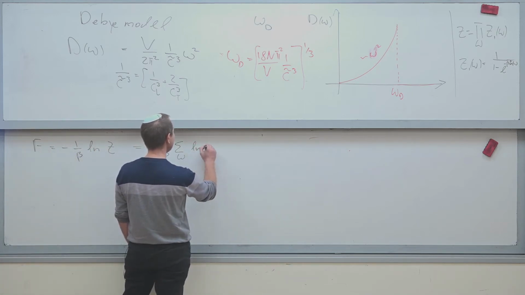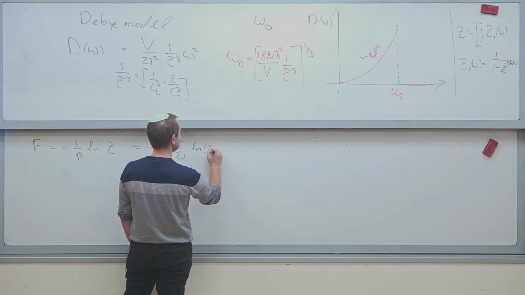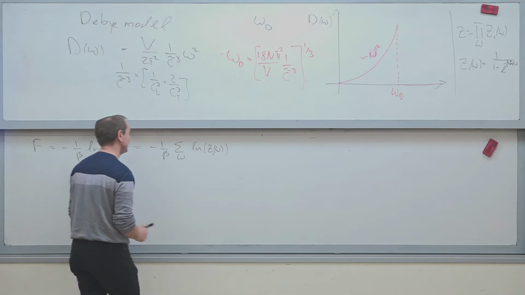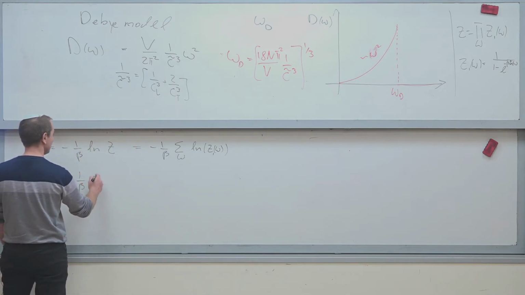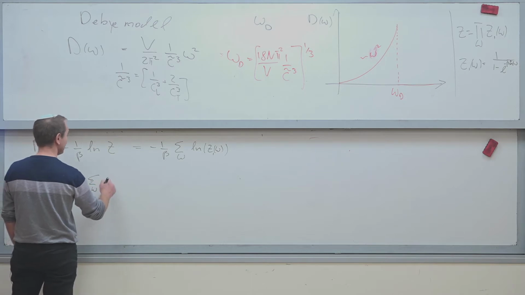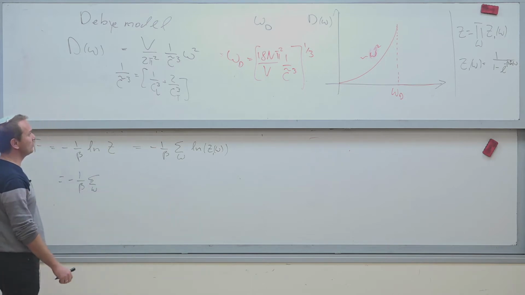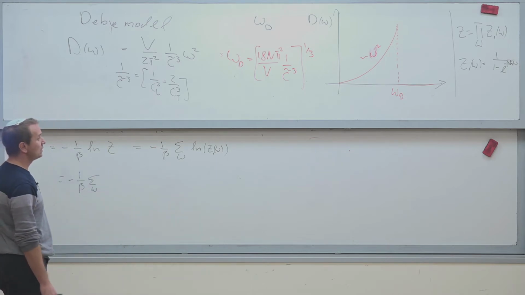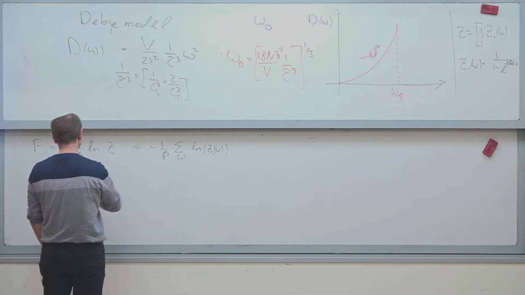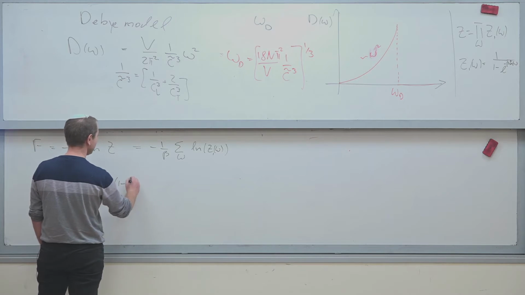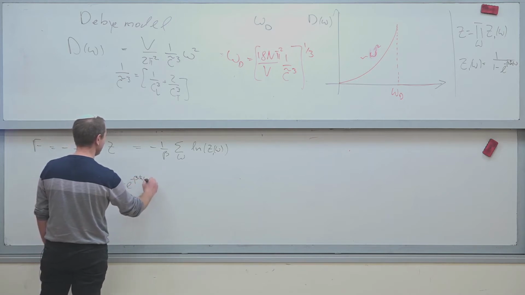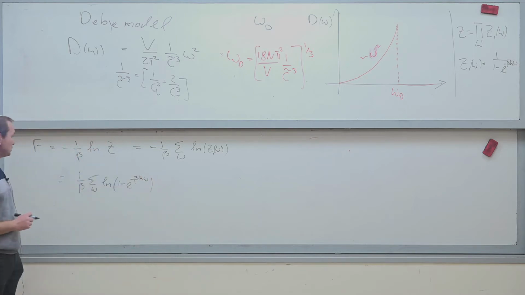So it is minus 1 over beta, sum over omegas, and log of Z of omega is this guy over there. So we can erase the minus, and we have a log of 1 minus e to the power minus beta h bar omega, and here we stopped.